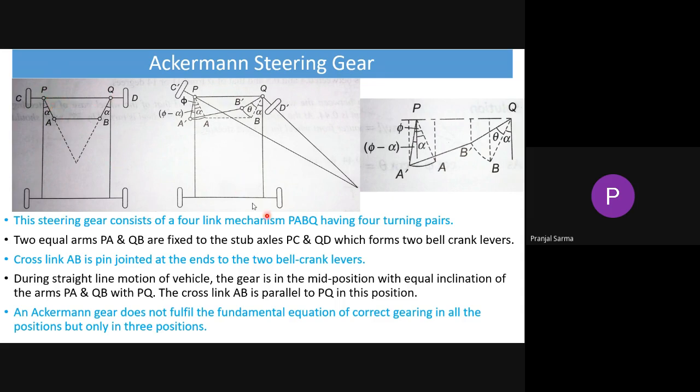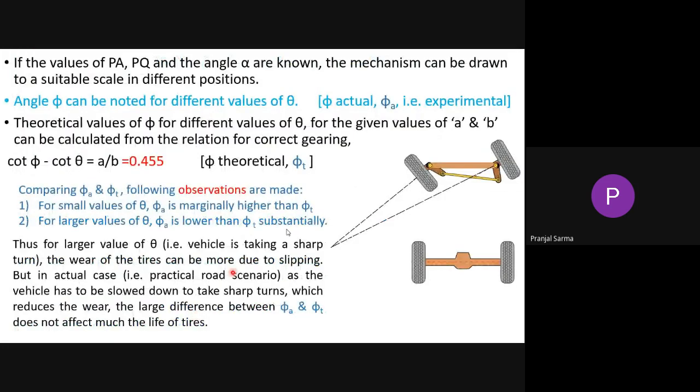But whenever some turning is there, definitely these angular values are going to change. One important thing that you must know is that there are certain basic positions where the Ackermann steering gear is going to fulfill the fundamental equation of correct gearing, but not all the positions.